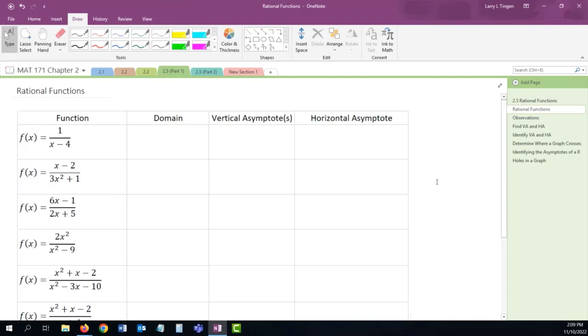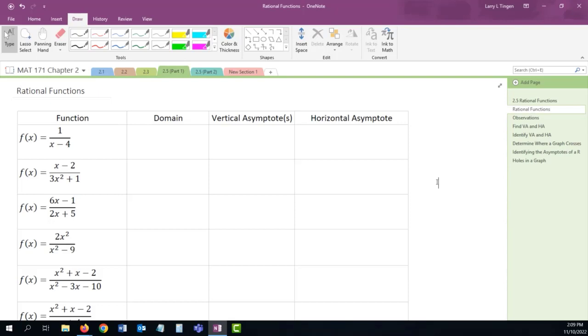All right, so f of x is 1 over x minus 4. What is the domain of f of x? Well, for domain, two questions: do I have a variable in the denominator? Yes. Do I have a variable under an even root?